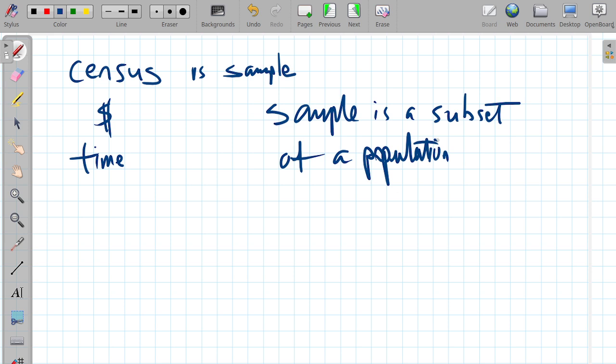And if we do the survey with a degree of care, in other words, the survey observations, participants are selected randomly, and by random that should also imply that they'll be independent of each other. We're going to talk about what independent means, and therefore we should have a representative sample. Then the sample can be very, very accurate when it comes to reflecting the characteristics that we're interested in that describe our population.